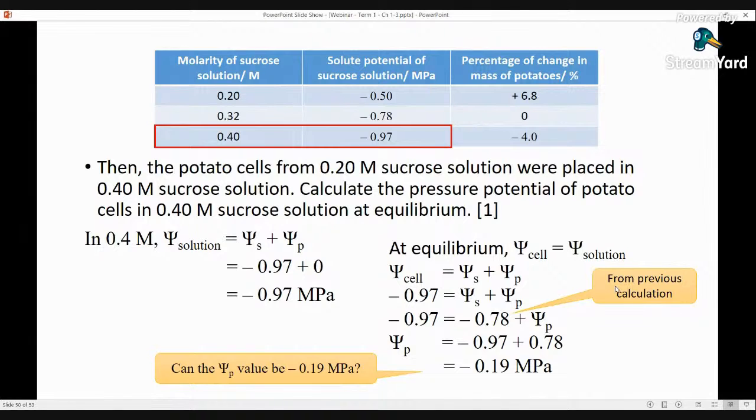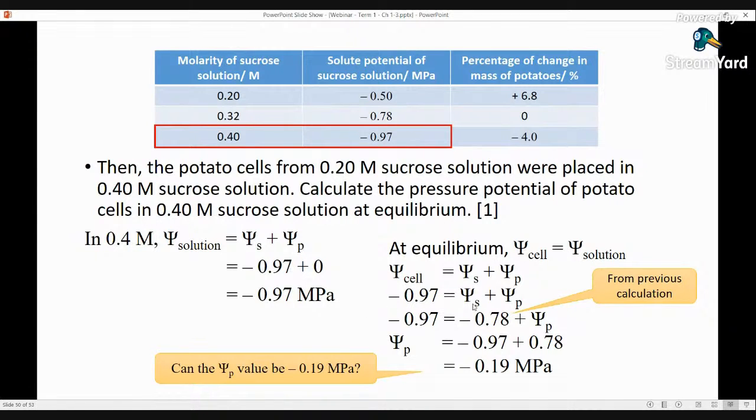If I add the question like this: 0.4, which is hypertonic to the cell sap, then the solute potential is negative 0.97. By using the same concept, the water potential of this solution is negative 0.97. At equilibrium, the water potential of the cell must be the same, so negative 0.97.